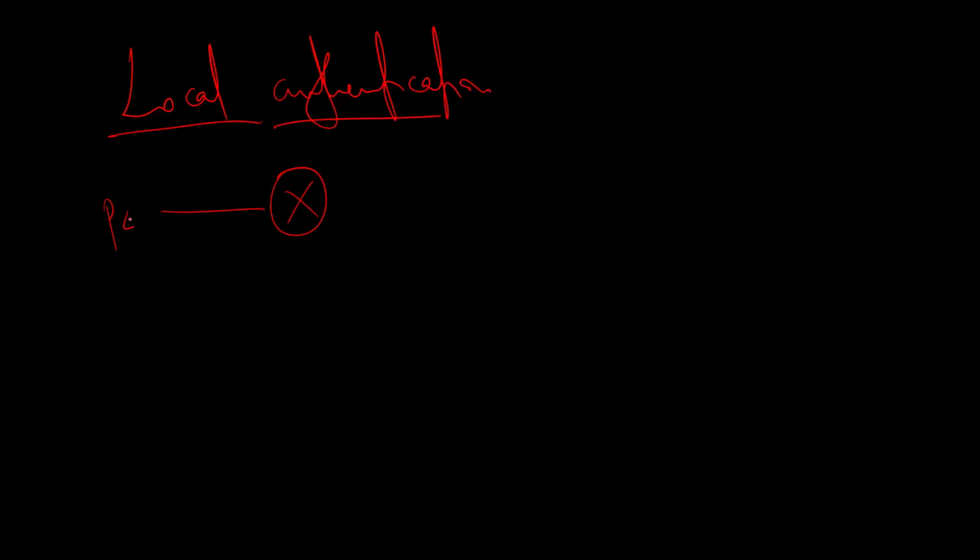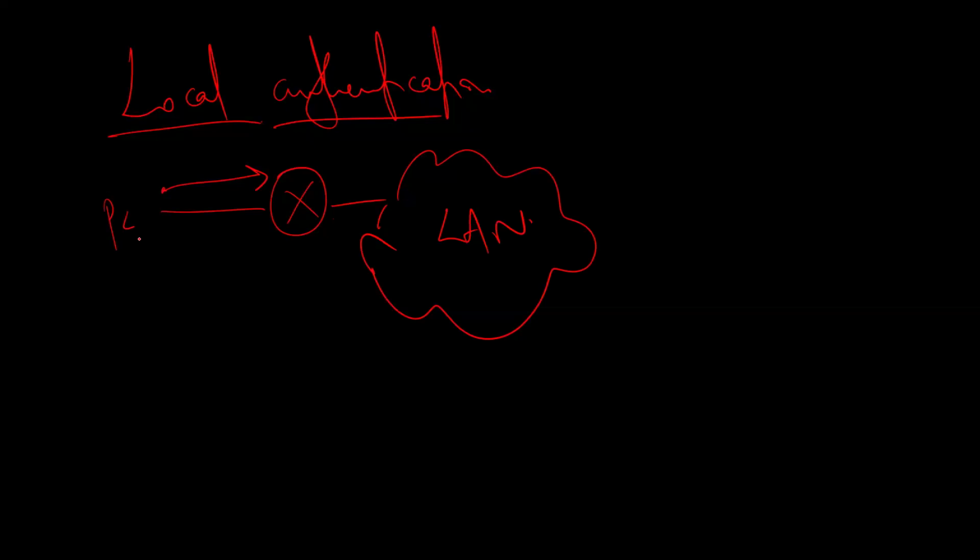The process of local authentication: this user tries to connect to the network via the router. Let's say for our network here, the user is trying to get access to this network. This router prompts for either username or just the password, depending on if you're using SSH or you're just using the VTY connection.